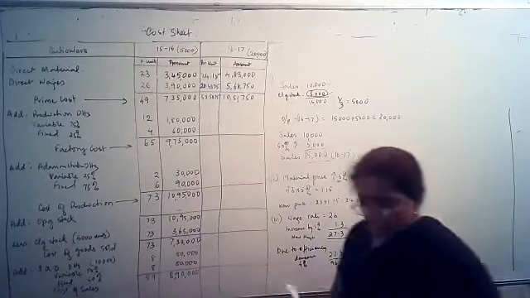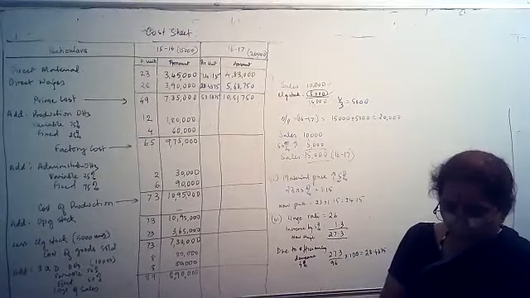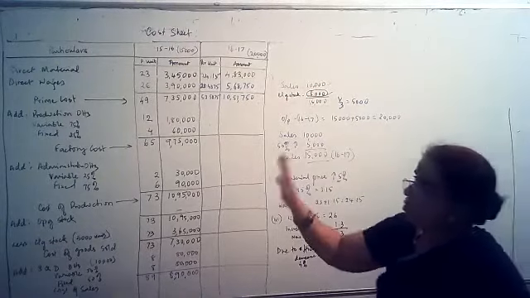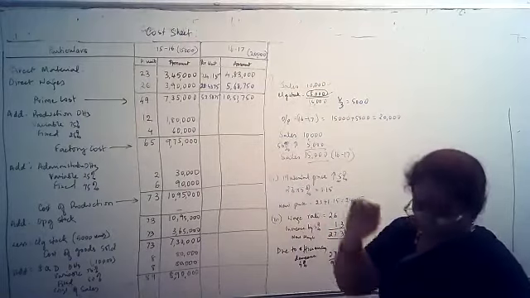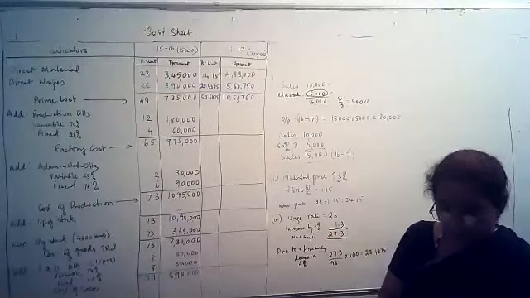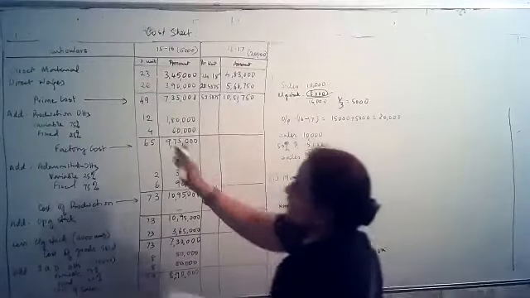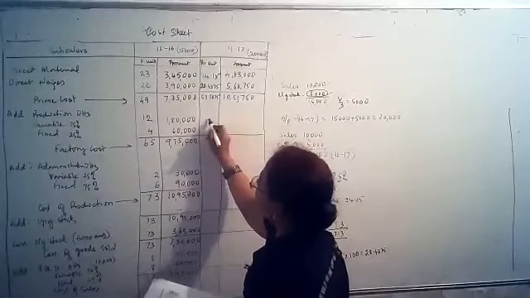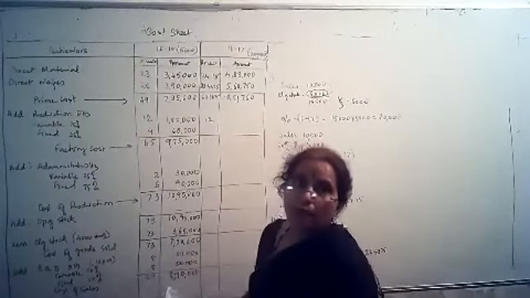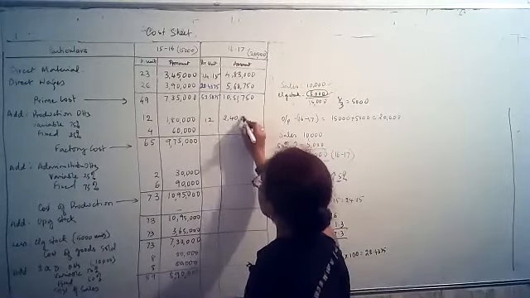Look at the next point. The variable overhead will be at the same unit rates as last year. So there is no change in the rest of the variable rates. Fixed production overheads will increase by 25%. So variable overheads is same, so I will write 12 only. 12 into 20,000 is 2,40,000 expenses.